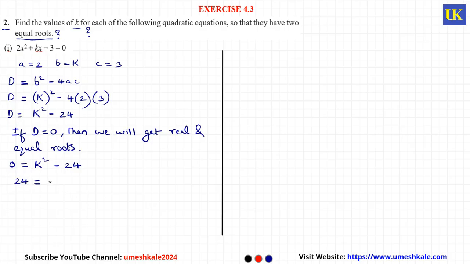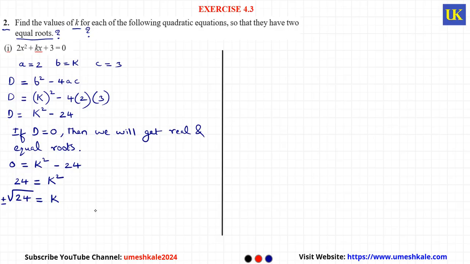So minus will become plus, and this is k square, right? Now I will send the square to the other side, so it will become square root of 24 is equal to k. And when we send the square to the other side and it becomes a square root, the answer has to be shown once in plus and once in minus. So that is the rule of square root.